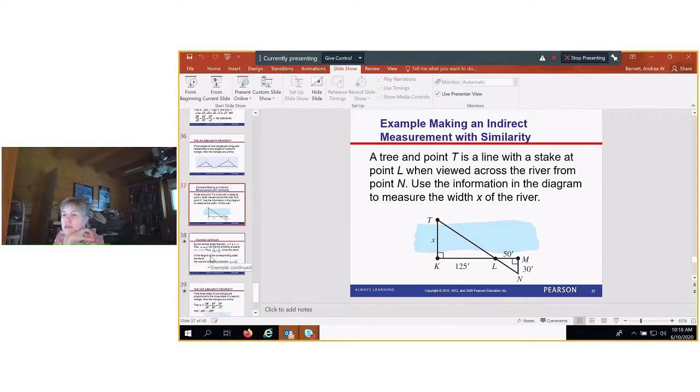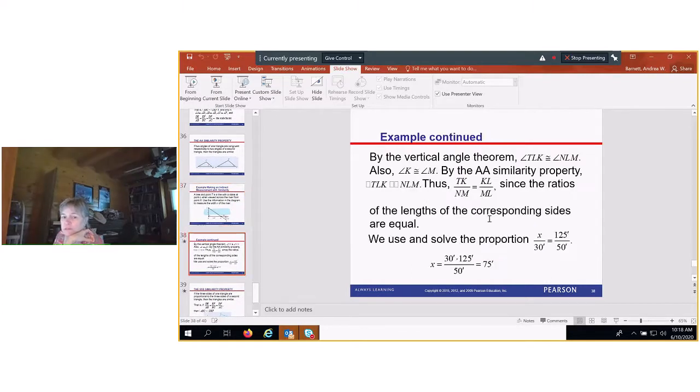And this is the same thing as we do with proportions. By the vertical angle theorem, and this was in your homework, so if you got to it and you weren't really sure what it was, the vertical angle theorem says angle TKL is congruent to angle NLM.